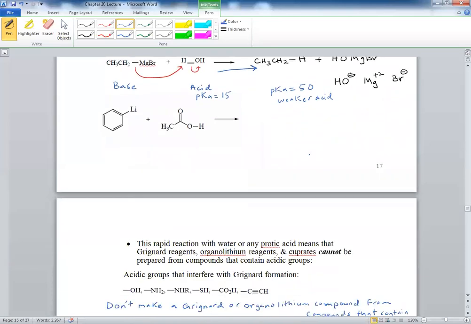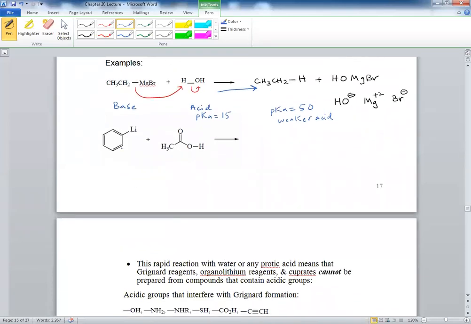Very well. The same thing can be done with the organolithium. So where do you think the organolithium is going to attack? Which proton? It is this one. So there's an H. This is a base, and this is the acid, carboxylic acid.